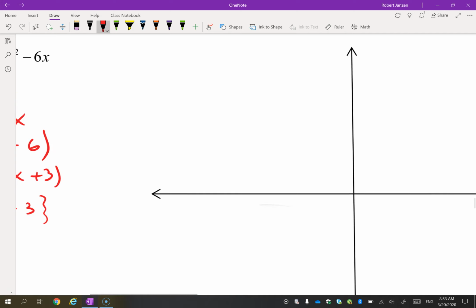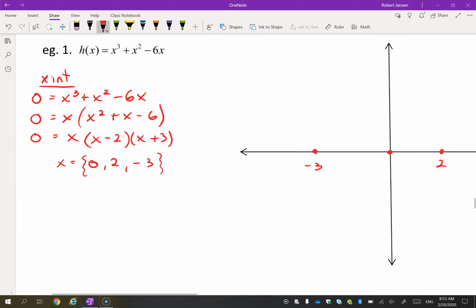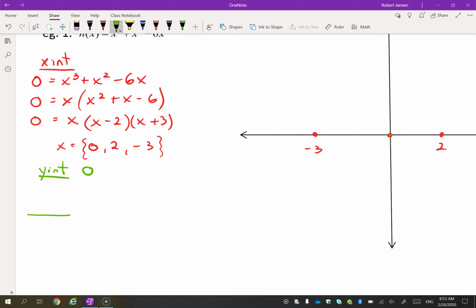Let's put those on the graph. -3, 0, and 2. Okay, I can find the y-intercept really quickly because I can see that it's already right here at 0. So I'm done that. Let's now look at a sign diagram.